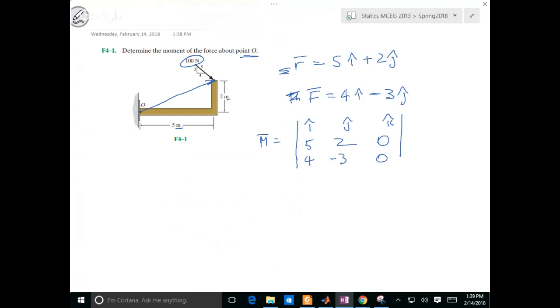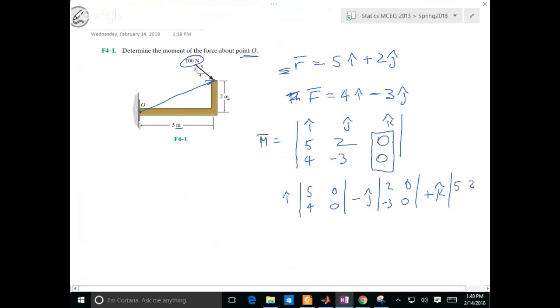Okay, so here's what happens in this. I got this column of zeros. It's in a plane, so the only moment can be out of that plane. Because if I do a cofactor expansion, look, I get this minus J, 2 minus 3, 0, 0, and then plus K. This is the only one that ends up with anything.